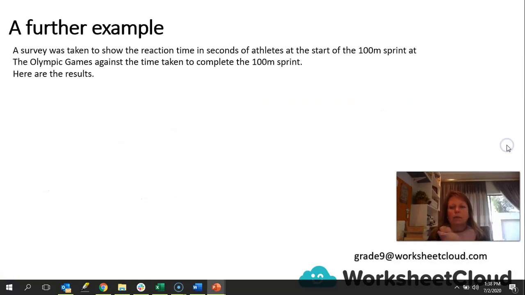So here's another example. A survey was taken to show the reaction time in seconds of athletes at the start of a 100-meter sprint at the Olympic Games against the time taken to complete the 100-meter sprint. And here are the results.